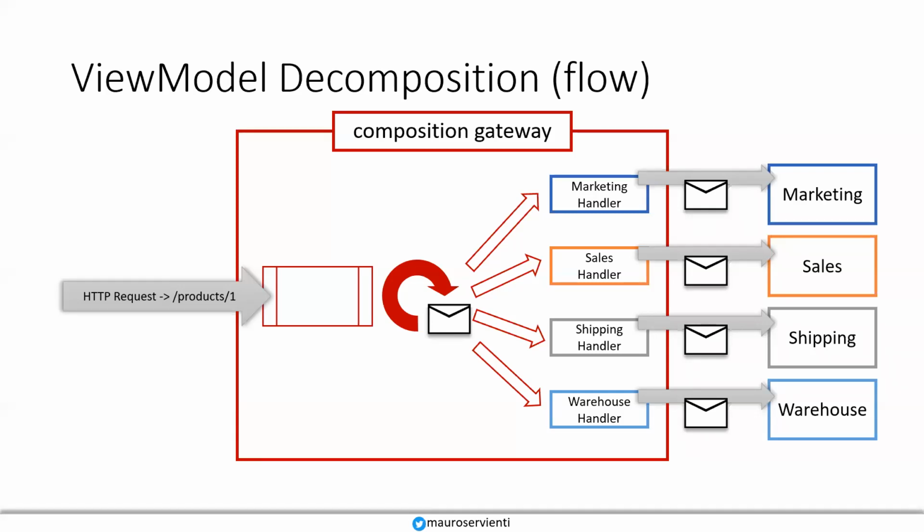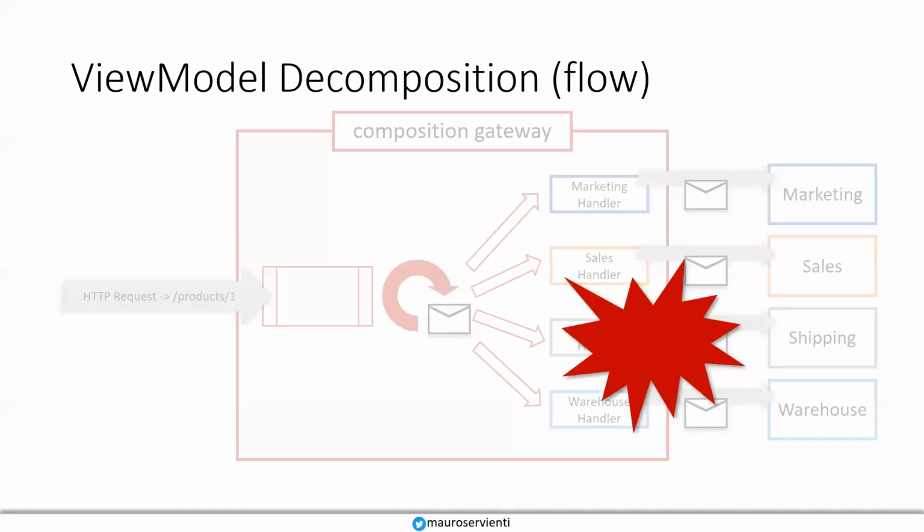Why messages? Because if at this point shipping blows up, what happens is that the original message that we sent to ourselves will be rolled back and retried.